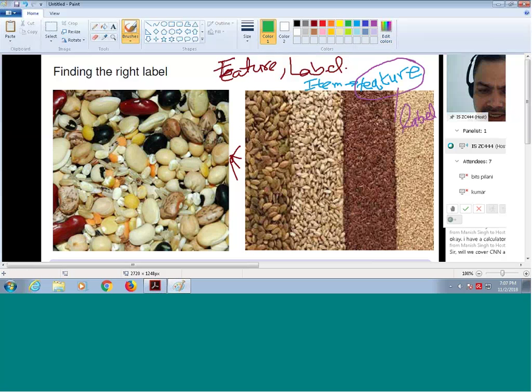Also, you should note down that this label is coming from a predefined fixed set.